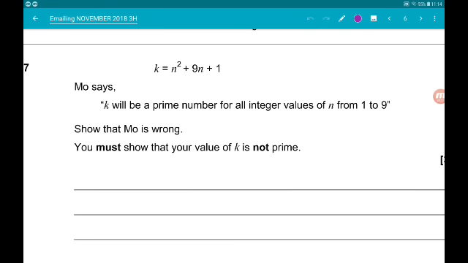So the way that we're going to do this then is substitute in values of n and test whether k is prime. So when n is 1, k is, you can use your calculator, 1 squared, which is 1, add 9 times 1, 9, so up to there is 10, add 1 gives us 11.